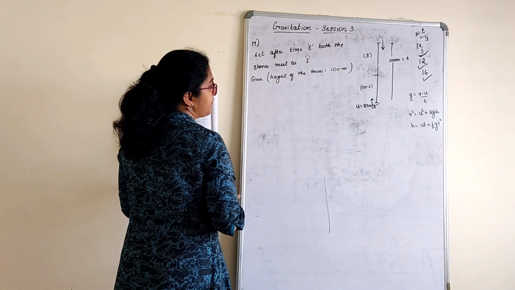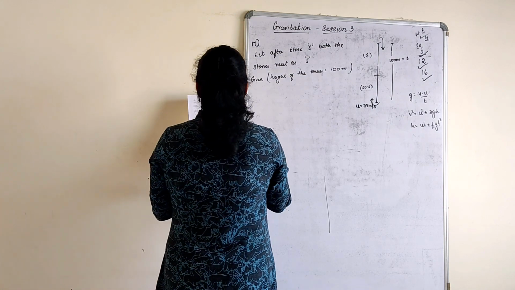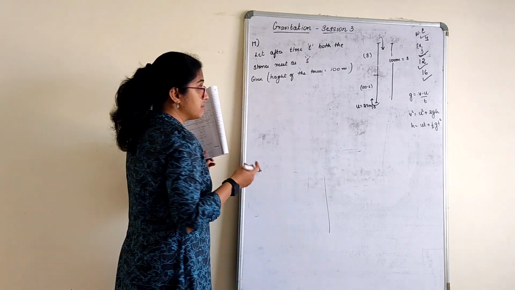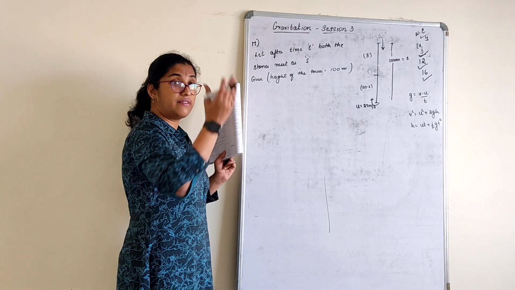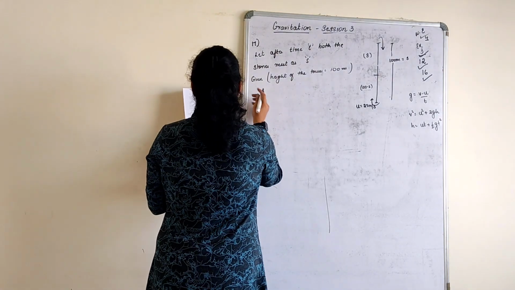Just consider this. We have considered that as S here. Now we have to also write what is the distance traveled in the downward mode and distance traveled in the upward direction. Write down.